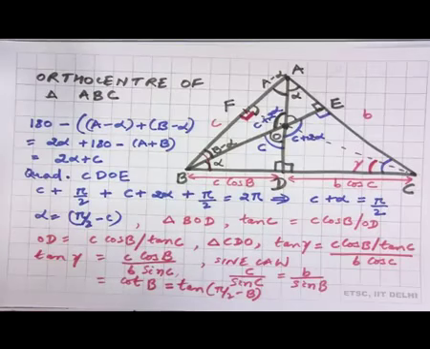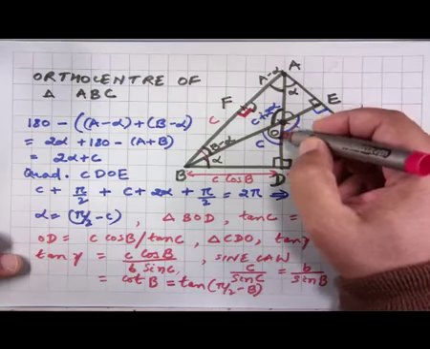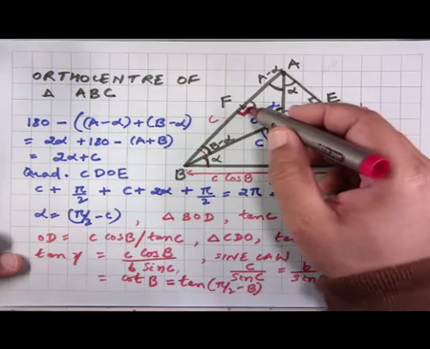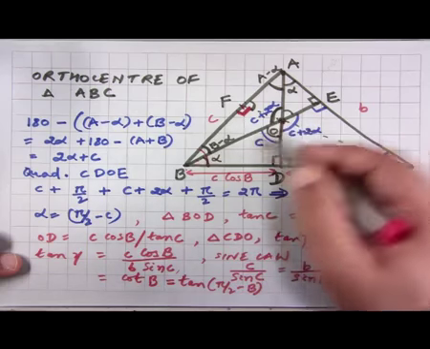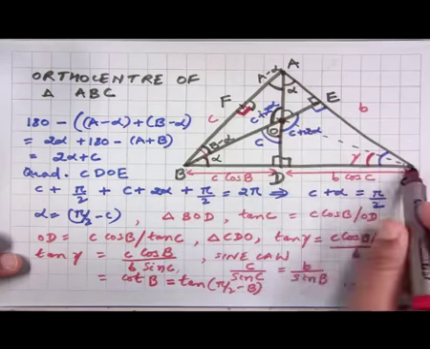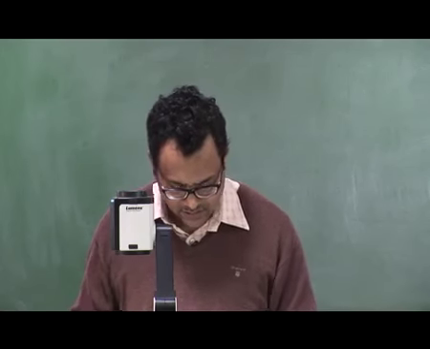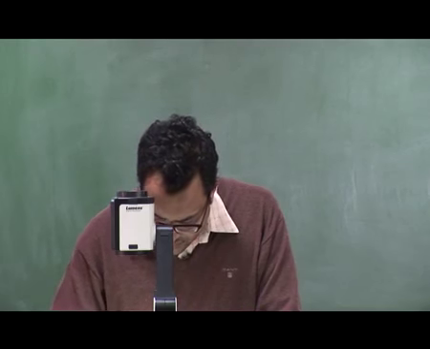So next we will be interested in calculating expressions of these distances OD, OE, OF, and also the other distances OB, OA, and OC. So, let us redraw the triangle ABC and the orthocenter and the perpendiculars.